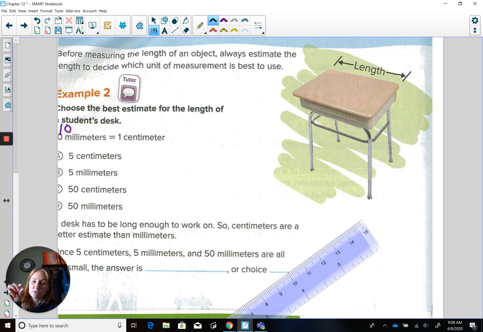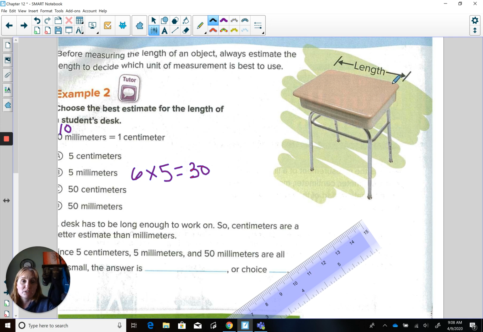Okay, remember, a ladybug's a little bit bigger. So I'm looking at that. They do give us some scenarios. 5 centimeters or 5 millimeters, which would be like taking those notebook pages, truly 30 notebook pages.